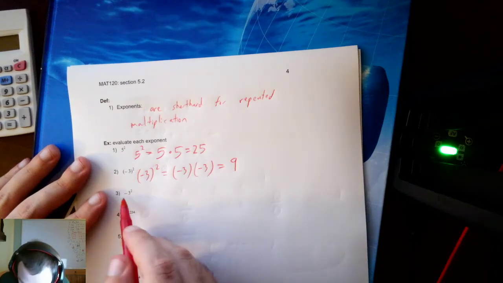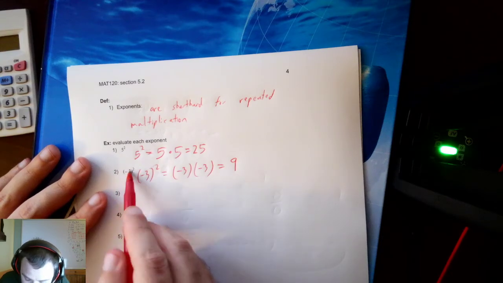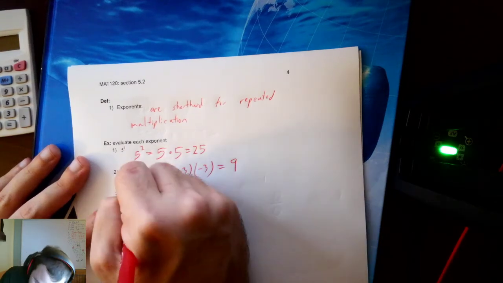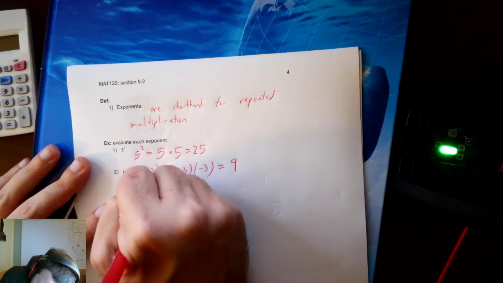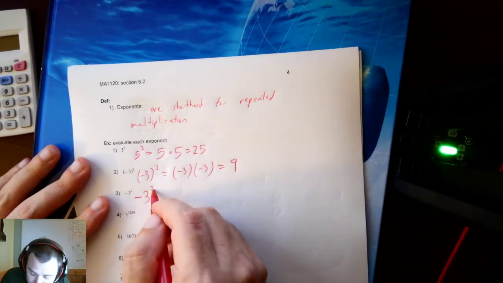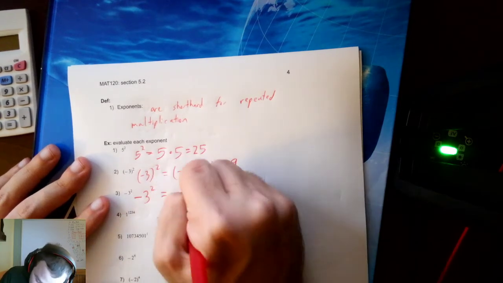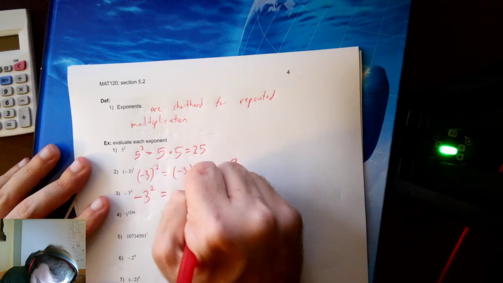Now, the third example. Notice the negative sign is outside of the parentheses. It's basically the same thing, just without parentheses, right? Negative 3 squared is telling you to do 3 squared first and then make it negative. Think of it as negative 3 times 3.